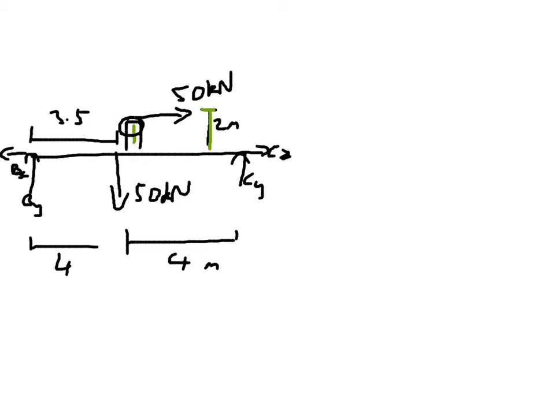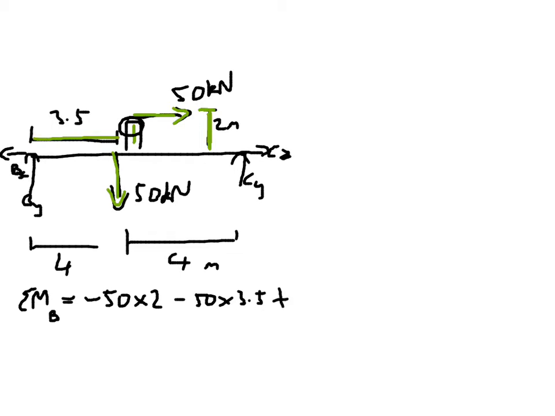So if we do the sum of the moments at B, that's going to equal minus 50 times 2, from this force times this distance that I've already drawn in. It's turning clockwise, so it's minus. We're going to have minus 50 times 3.5, from this force and this distance, and that's minus because it's trying to turn it clockwise.